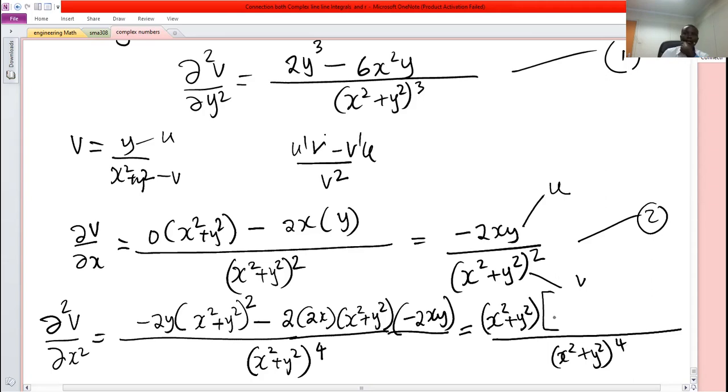First will be minus 2y into x squared plus y squared. This other one will now be plus, 2 by 2 by this will be 8, so 8x squared y. And then I close this.